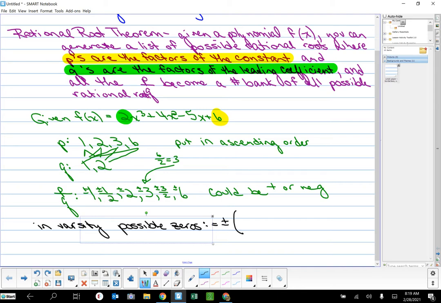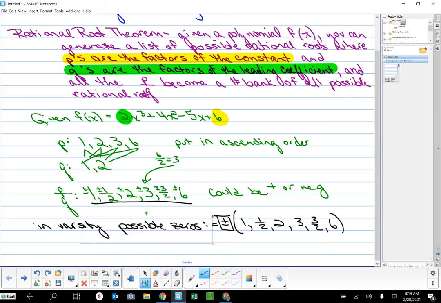So you just put the list of numbers in with commas: 1, a half, 2, 3, 3 over 2, 6. You put this list in without the plus or minus because they've got that already set up.